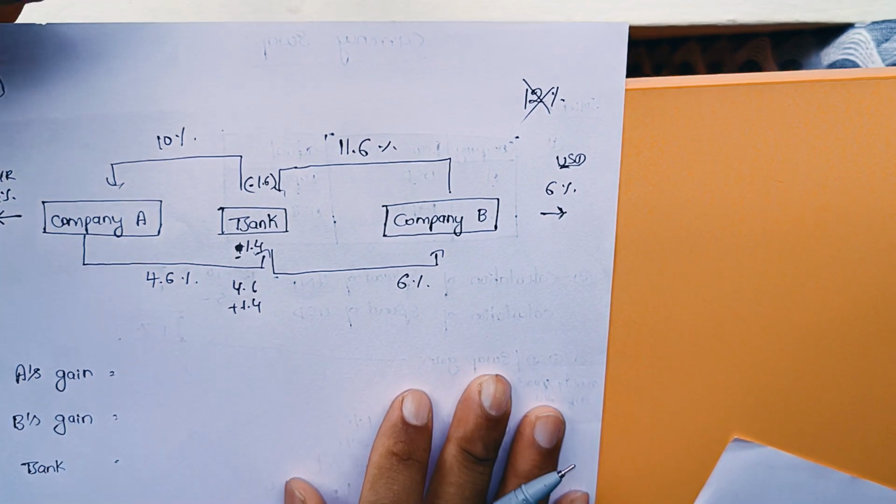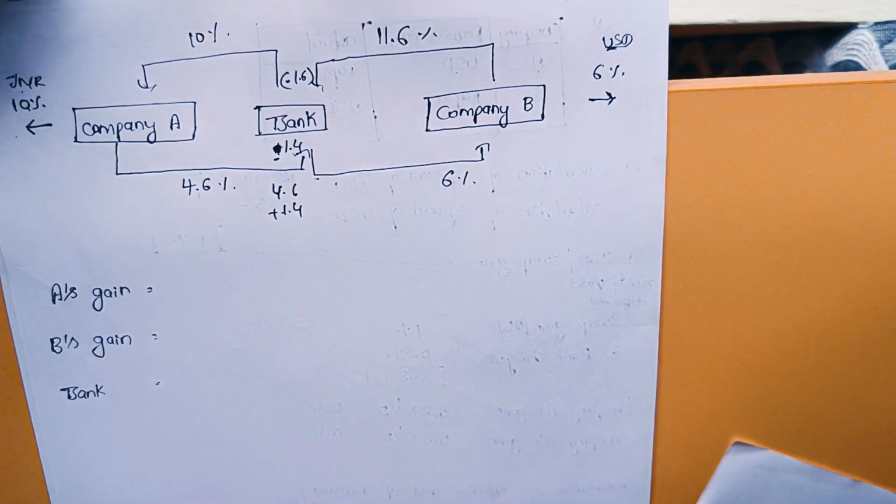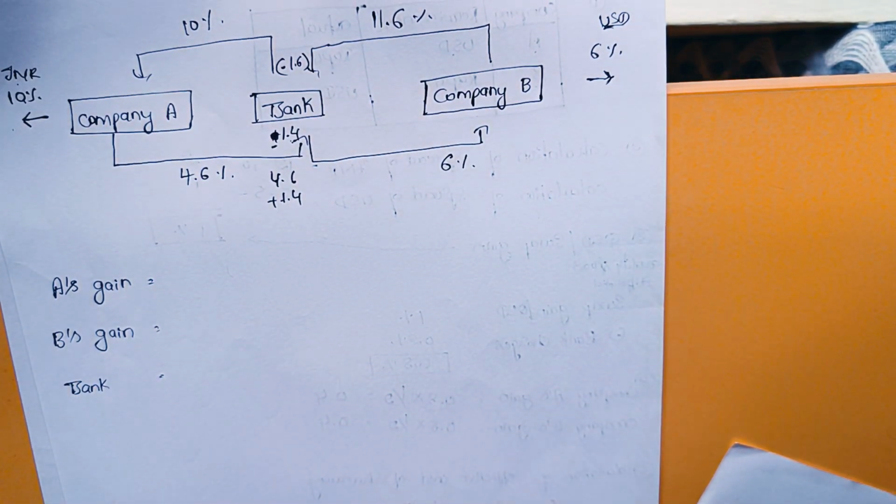So this is the diagram of the swap. Then we need to calculate what A's gain is. By taking the currency swap, what is the advantage A got? Without the advantage you will not swap.